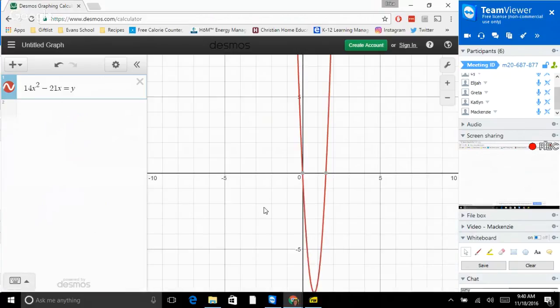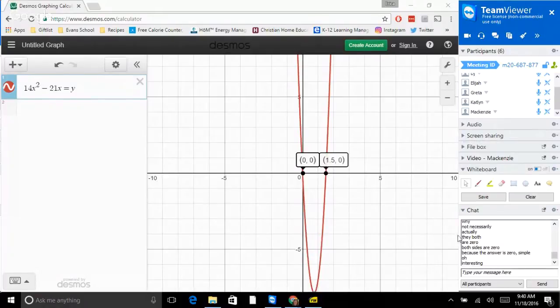So if I say it's equal to y, this is how you would have to do it in a graphing calculator, right? What you're trying to do is, when does this equal 0? So the 2 points that equal 0 are when x equals 0 and when x equals 1.5. So visually, this is the parabola, and you're trying to figure out, when does it equal 0?